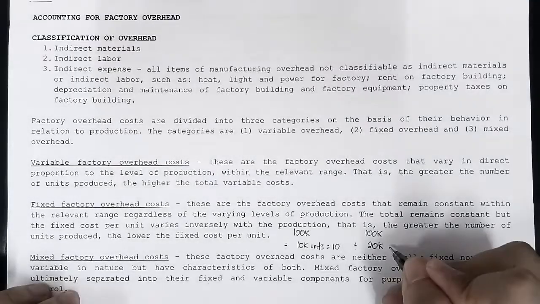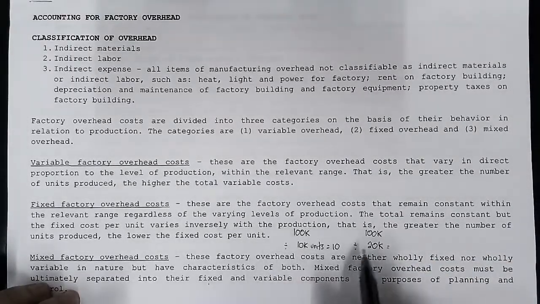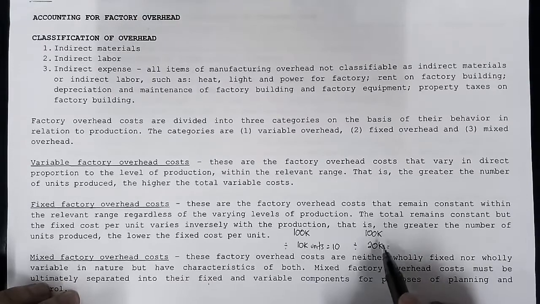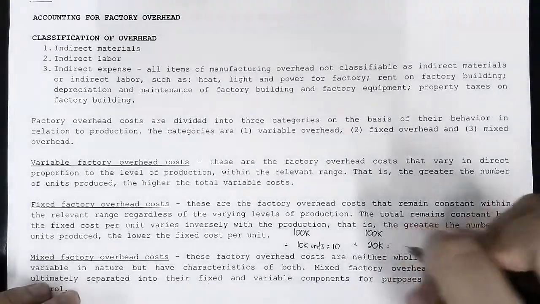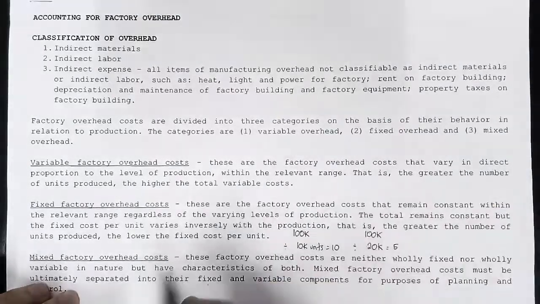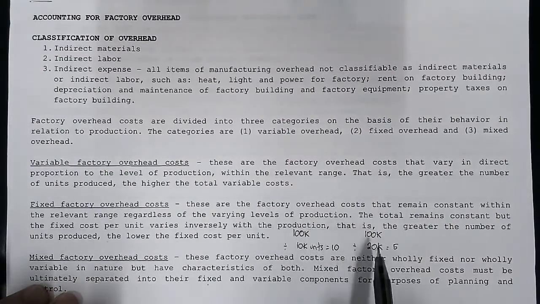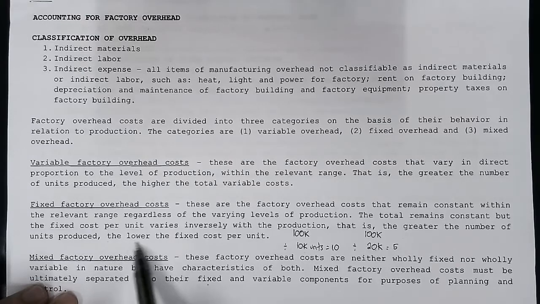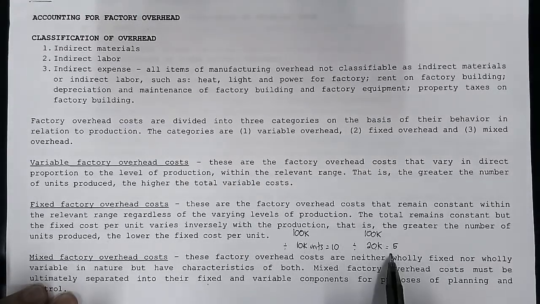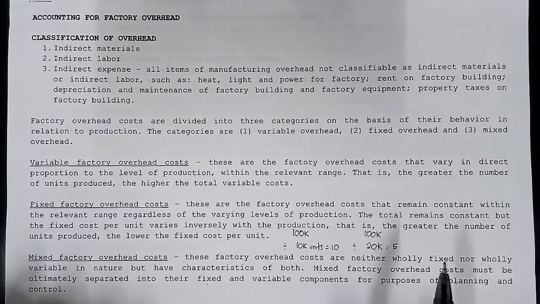This means the fixed cost per unit next month is 100,000 divided by 20,000 units, that is 5. The greater the number of units produced, so the 10,000 became 20,000, the lower the fixed cost per unit. So the 10 became only 5; it decreased.